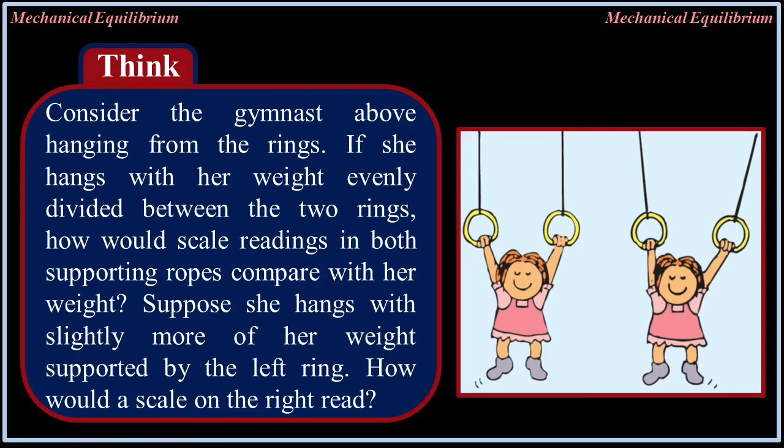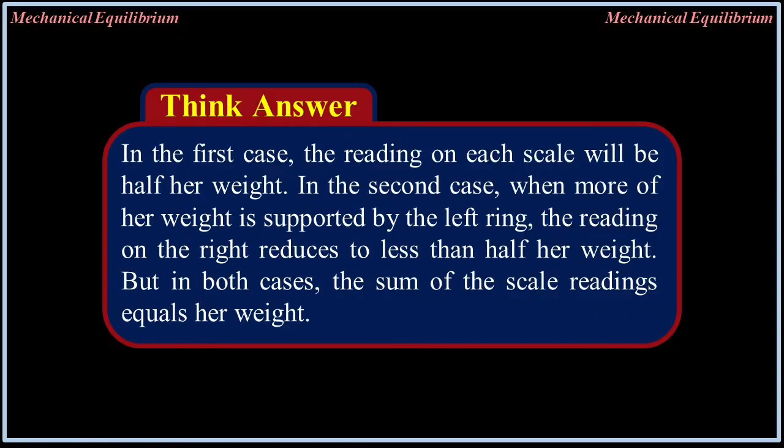How would a scale on the right read? In the first case, the reading on each scale will be half her weight. In the second case, when more of her weight is supported by the left ring, the reading on the right reduces to less than half her weight.